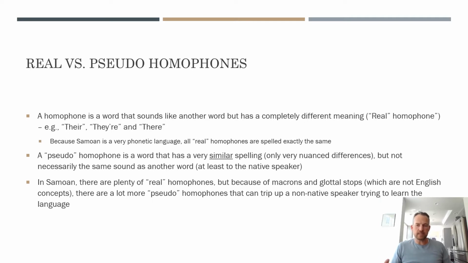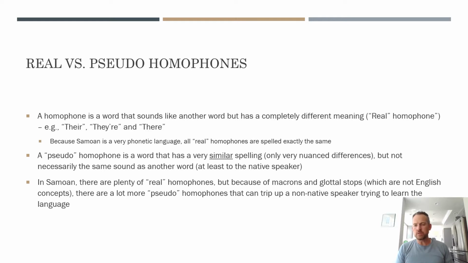But to, like I said, the palagi or the non-native speaker, they might sound like the same exact word. And so I'm throwing them both in here. A native speaker of Samoan will look at some of these words and be like, these are totally different. How do you guys even think that these are homophones? Because they're not really homophones. But because they use the same letters with some nuanced differences, I'm going to throw them in this lesson.